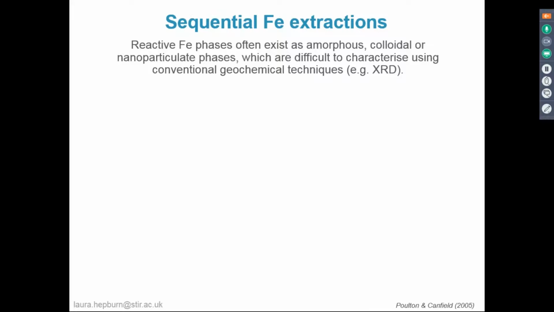These are the ones that are reactive enough to be used by biology. However, they are inherently difficult to analyze using standard conventional techniques such as X-ray diffraction because they are naturally present as amorphous phases or as very tiny colloids and nanoparticles.